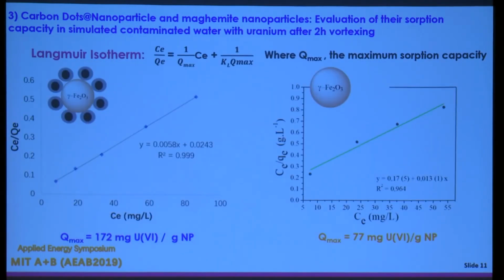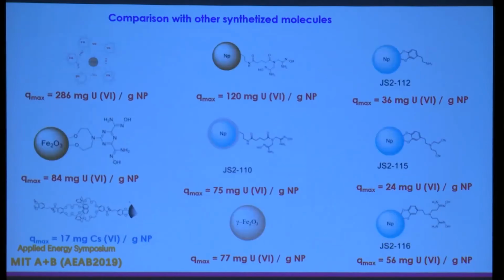We determine some thermodynamic data by using the Langmuir approach, and we can see clearly that the presence of the carbon dot at the surface induces a huge improvement of the sorption capacity. At this stage these are preliminary results, and the most important thing is that we compare with our previous work done in the lab.